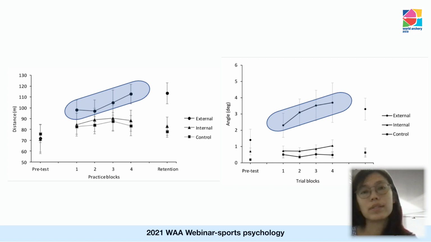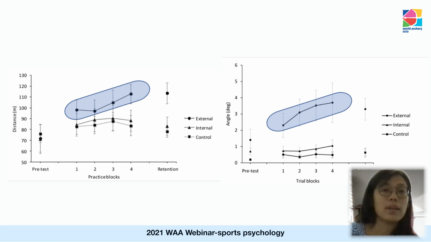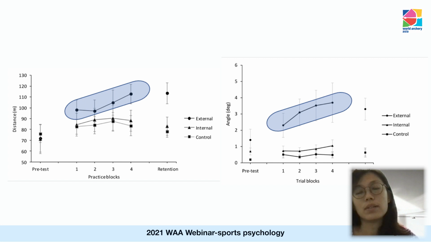Okay, so in this study, the task is to push against the force platform to generate 30% of the maximum force. The external focus of attention group, they were instructed to push against the platform. And the group of internal focus of attention is instructed to push with the muscle of the calf.